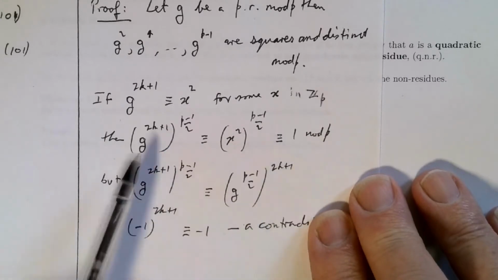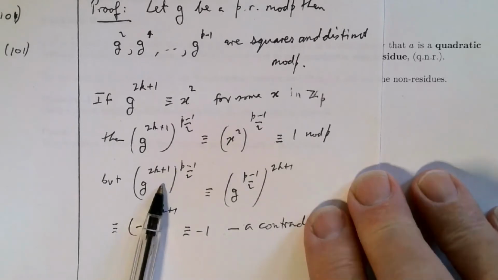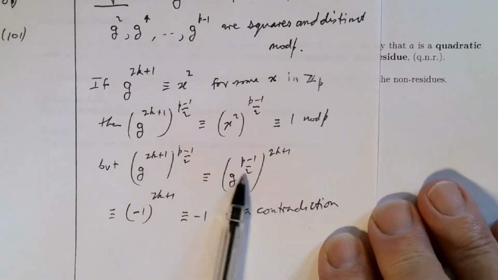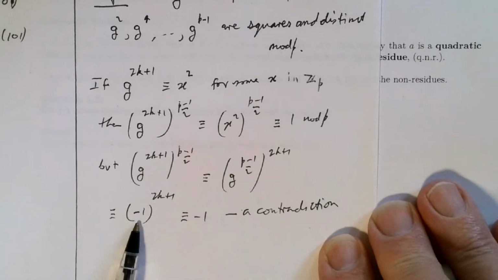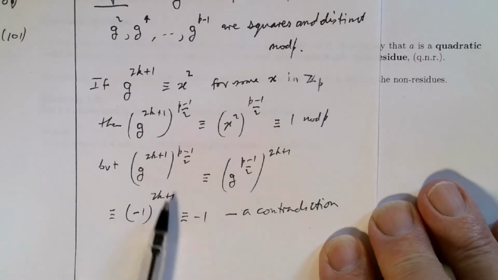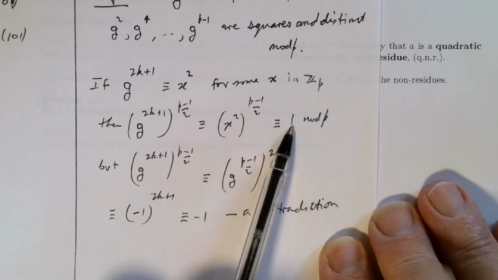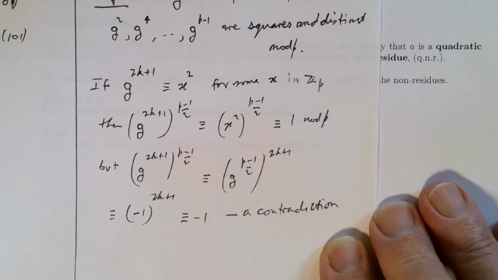On the other hand, if I take this quantity here, I can interchange the indices just by using the index laws, and I obtain this. And we know that g to the (p minus 1) over 2, g is a primitive root, has to be minus 1, and minus 1 to an odd power gives me minus 1. We get 1 on one side and minus 1 on the other, and so we have a contradiction.